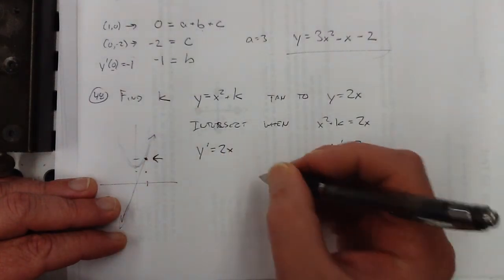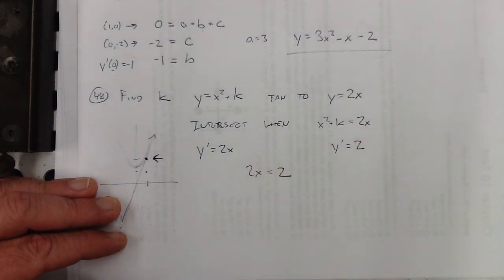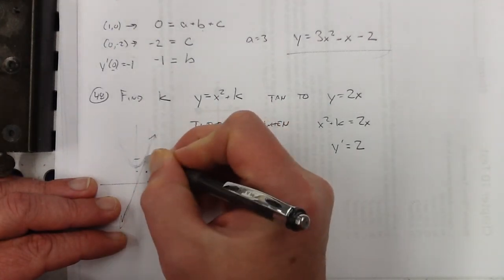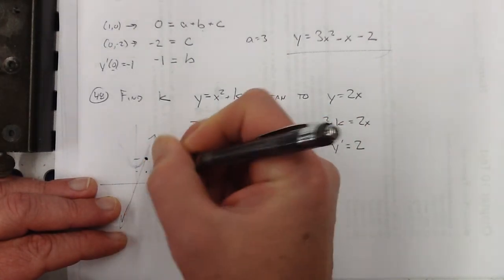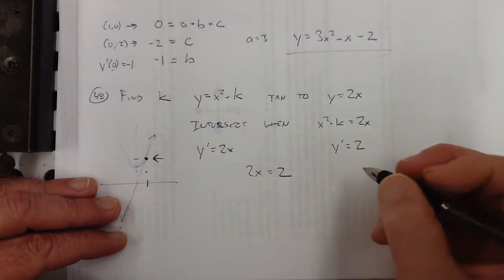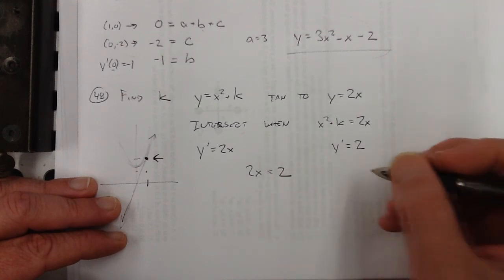So I can set those equal to each other, right? Because the problem said we want to find where this line is tangent to that, which means at that x value, they have the same slope. And that x value is 1, which jives with what my picture looks like.